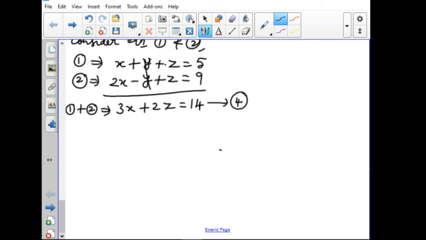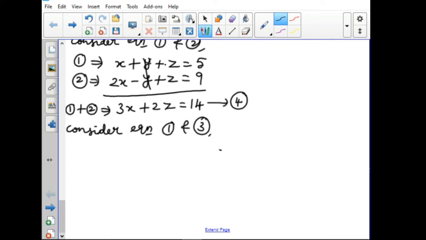Next, again we consider two other equations from the given ones. Already we considered 1 and 2. Next I am going to consider equations 1 and 3.